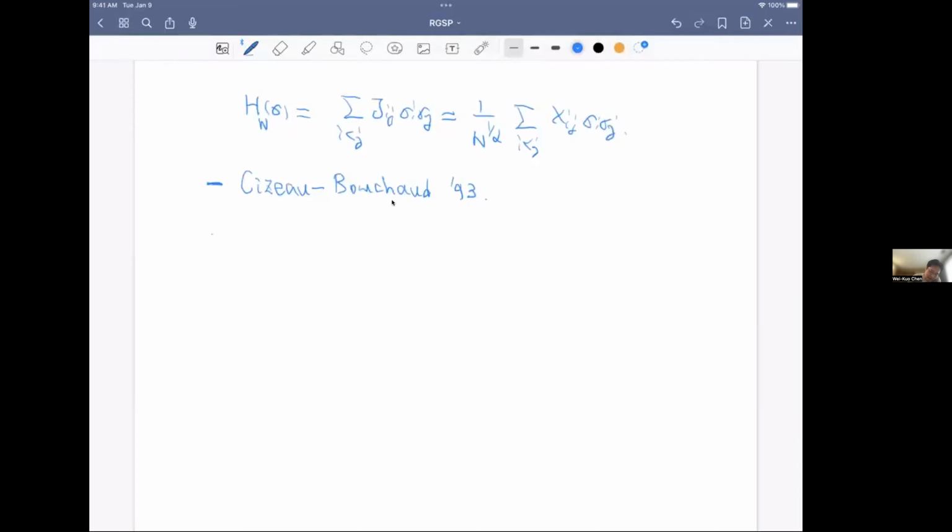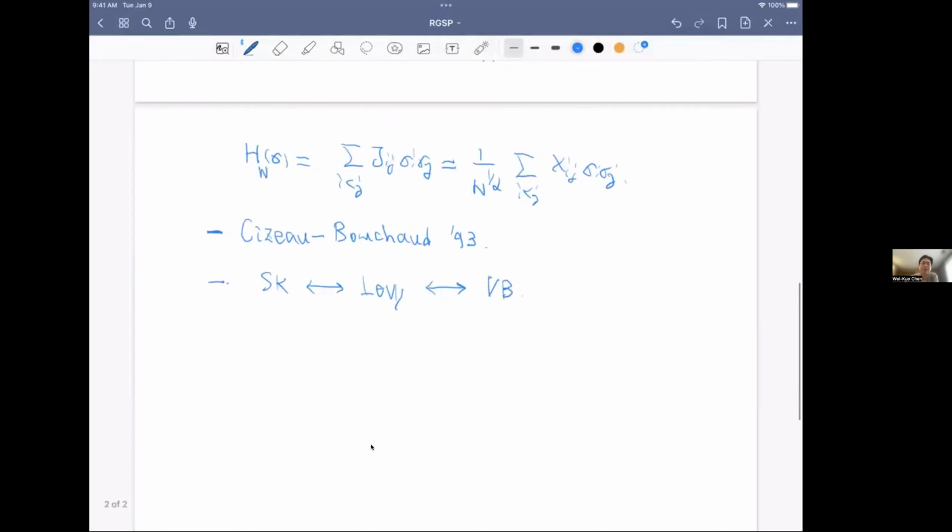On the other hand, mathematically, this is a model that bridges the mean field SK and the Viana-Bray model. So this is SK, and this is a bridge in between the SK and the Viana-Bray model.